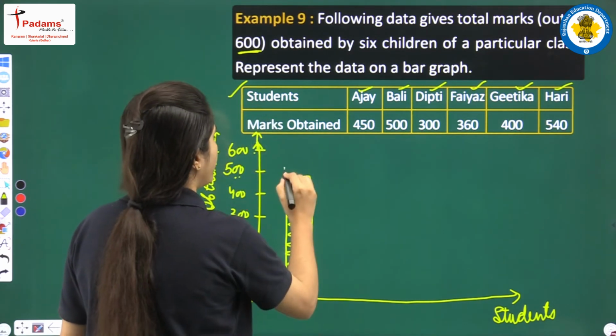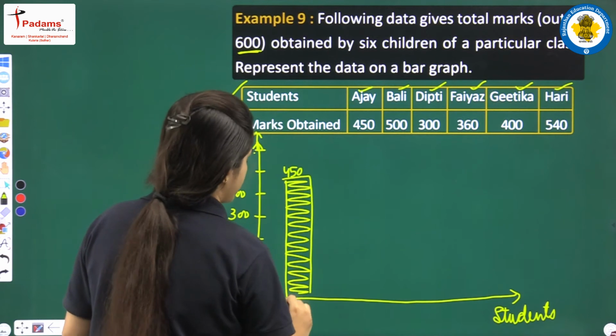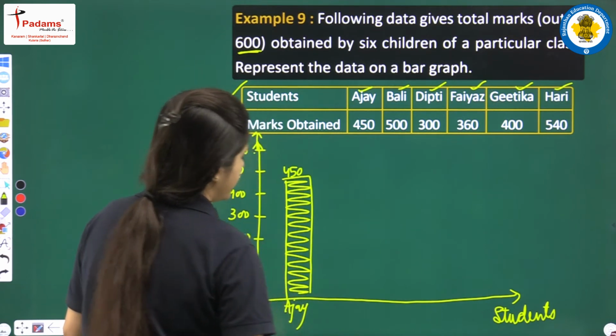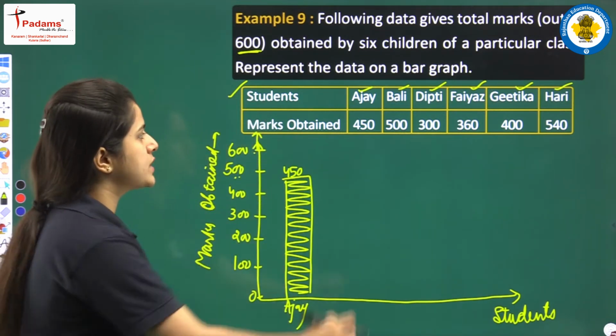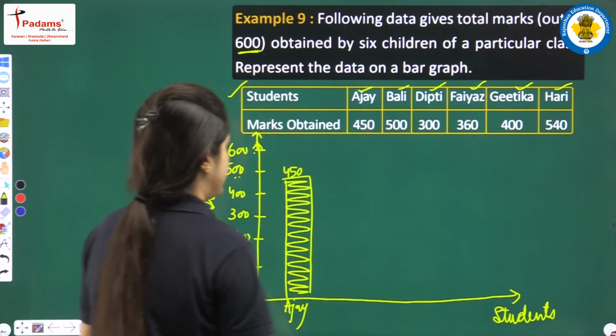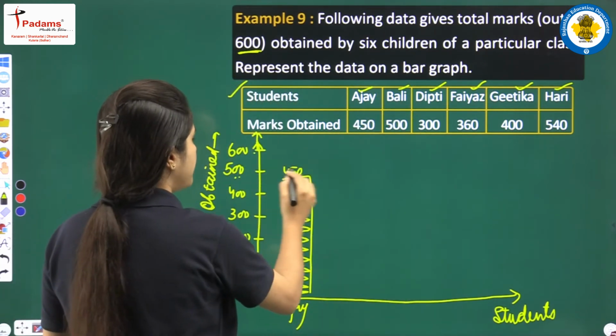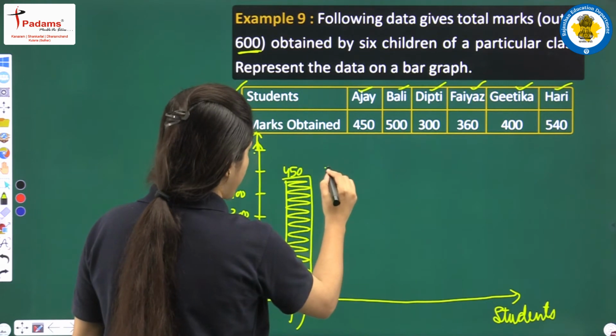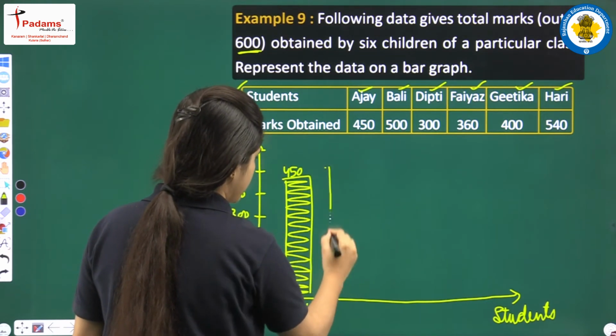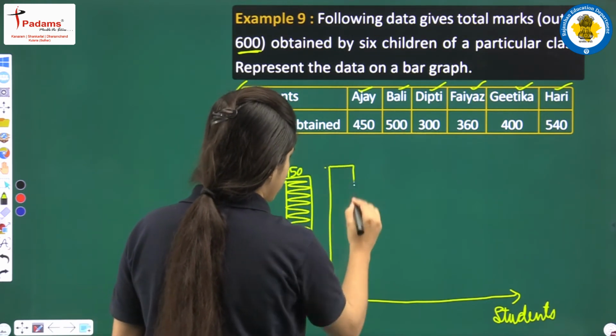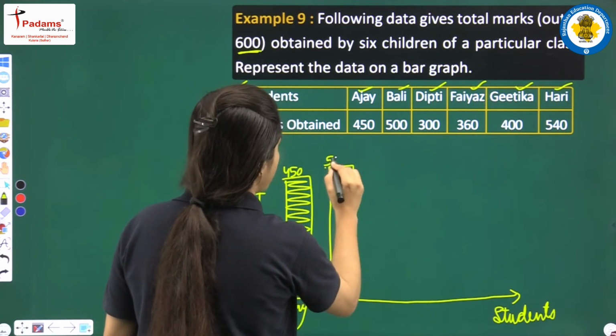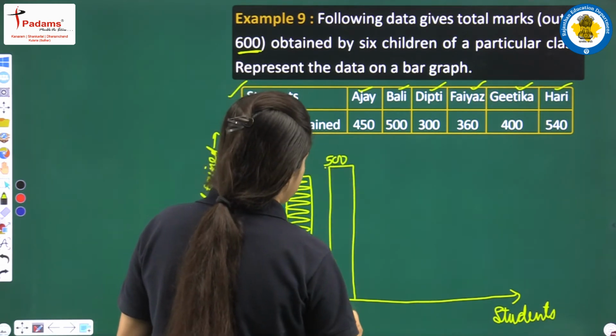This is the bar of Ajay. Now students, we have to make the bar of Bali. Bali is getting 500 marks, so here is the bar of Bali. He is getting 500 marks.